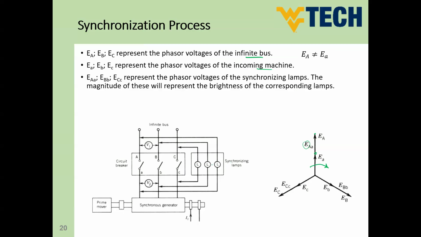You will have some lamps like that between the generator and infinite bus sides. If the lamp is on, this means you have a voltage difference, so you cannot connect. If the lamp is turned off, this means you don't have a voltage difference, so you have achieved the four conditions and you can connect to the supply.